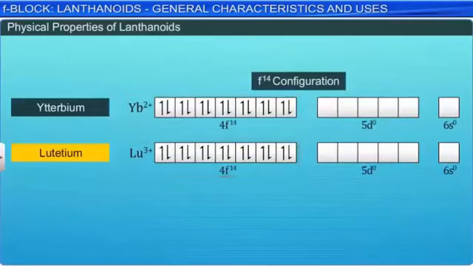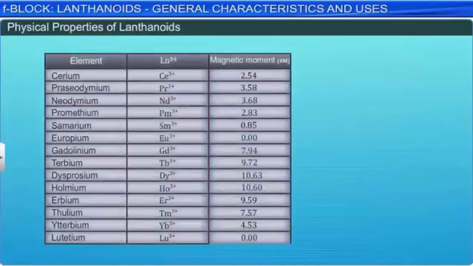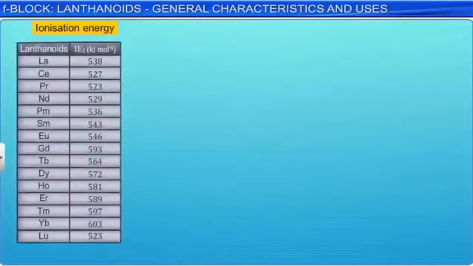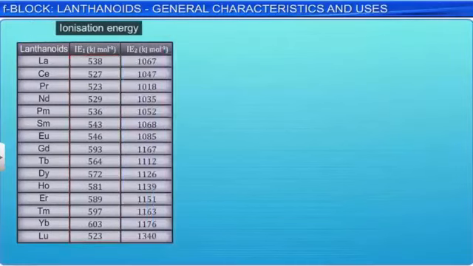The value of the first ionization energy of the lanthanoids is about 600 kilojoules per mole, and of the second ionization energy is about 1200 kilojoules per mole. These values are comparable with the ionization energies of the alkaline earth metals, particularly calcium.